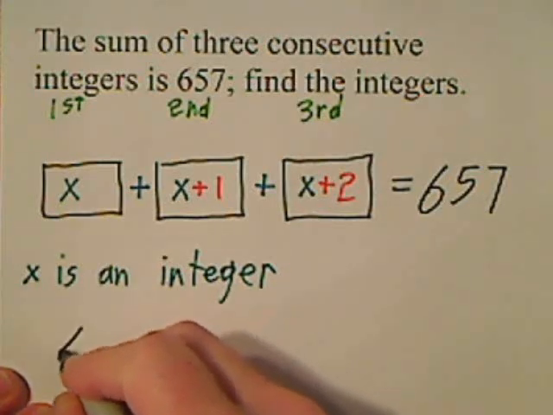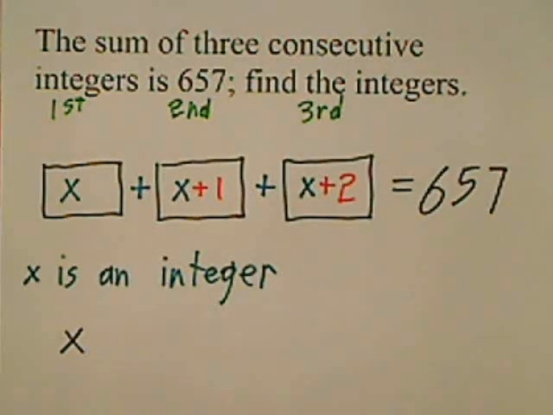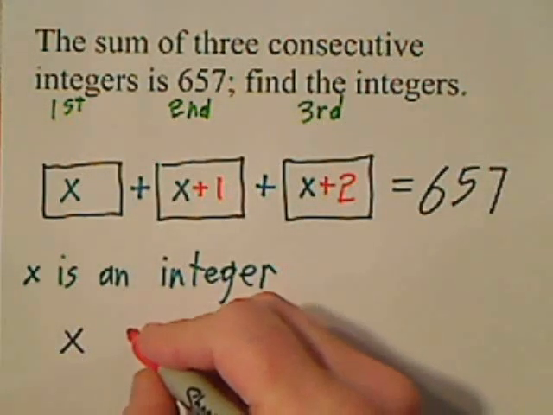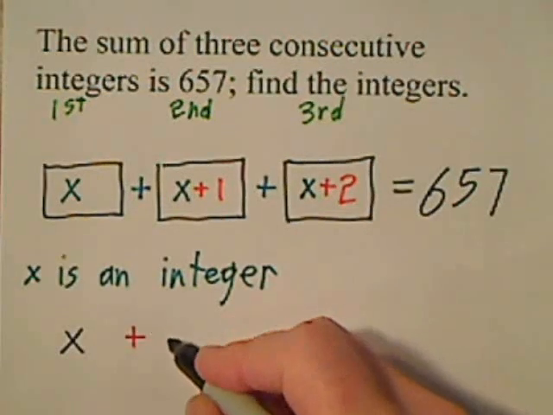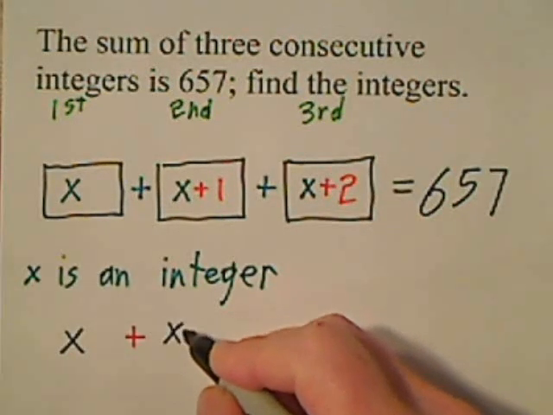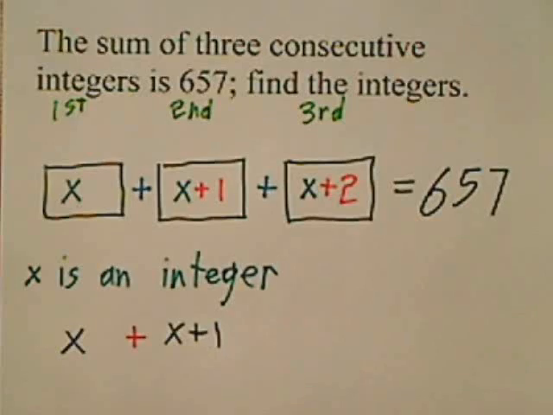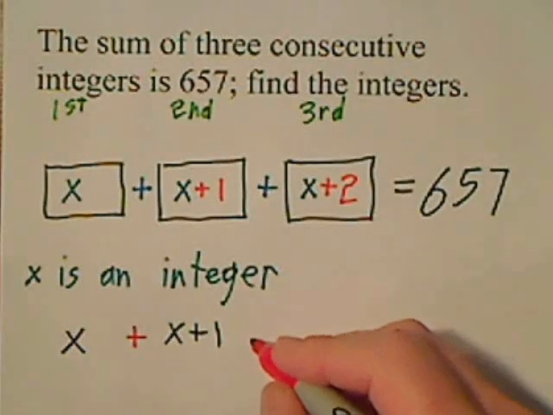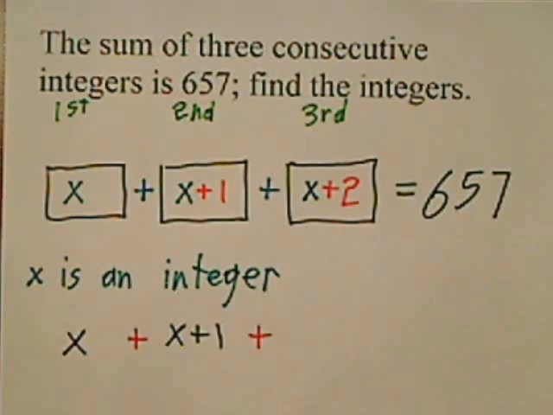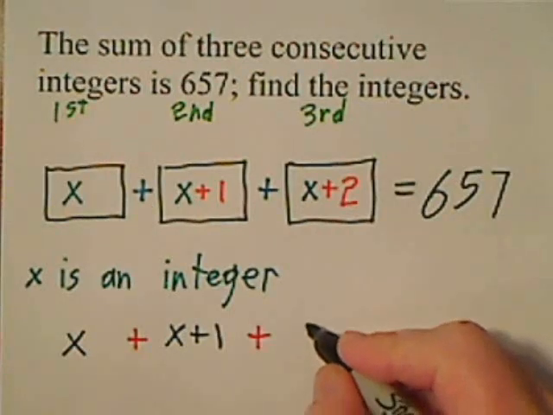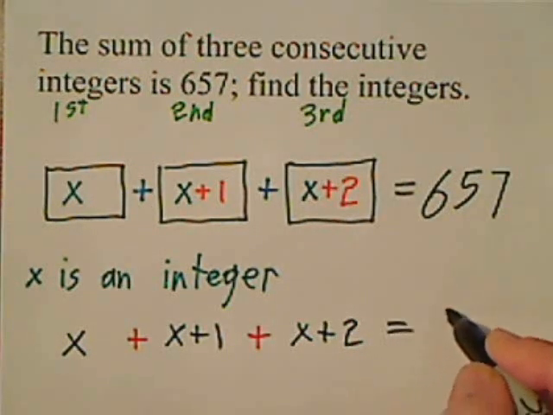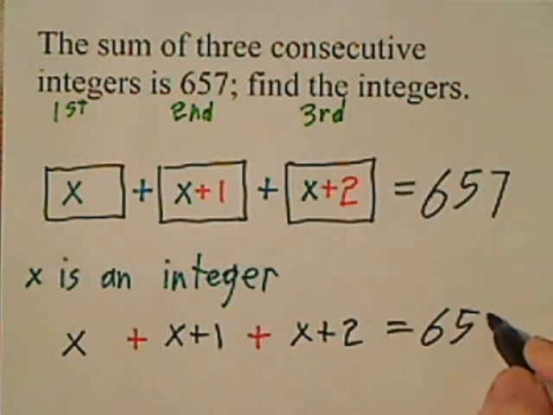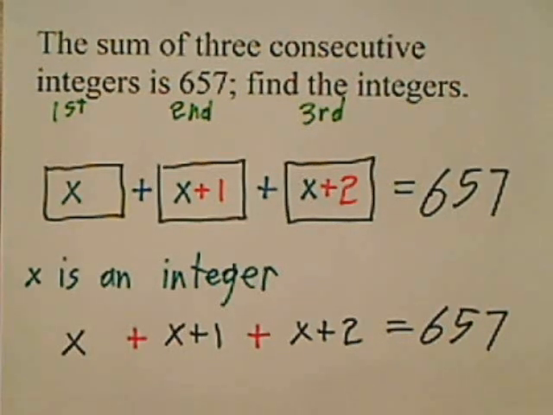So we'll do that. Here's our x. We're going to add that to x plus 1, and we'll add that to x plus 2, and we're supposed to get 657.